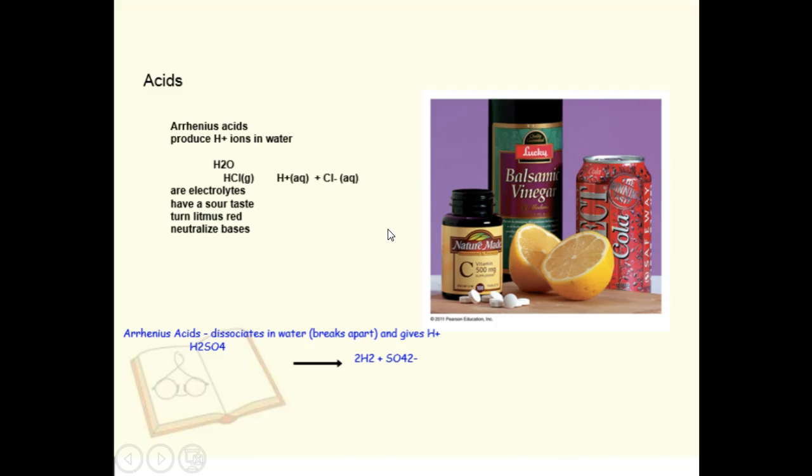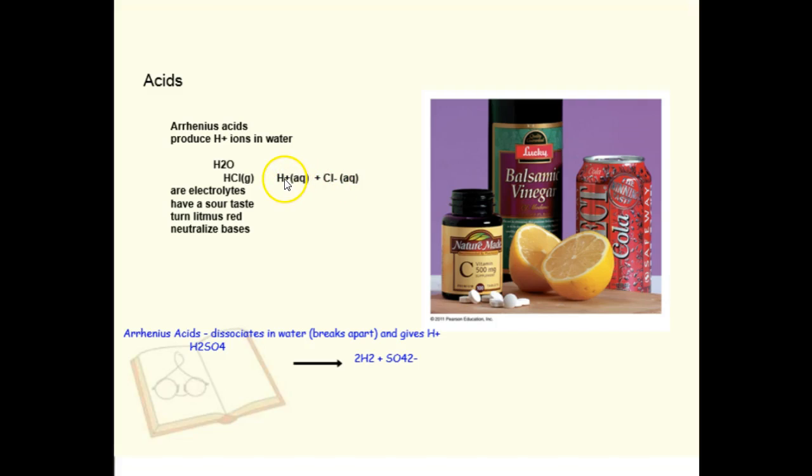We discussed different acids and we called them Arrhenius acids. One of the characteristics that we talked about is that in water, they're going to produce hydrogen ions. This water should be over here and there should be an arrow, but for some reason it didn't copy correctly. Here's our hydrochloric acid, and if we add that to water, those hydrogen ions are going to split from the hydrochloric acid and lose an electron, and the chlorine is going to gain that electron.